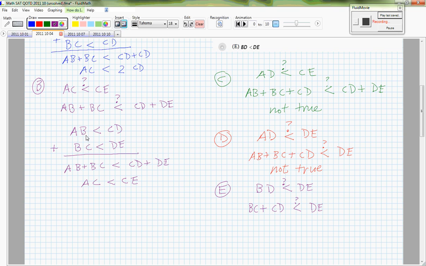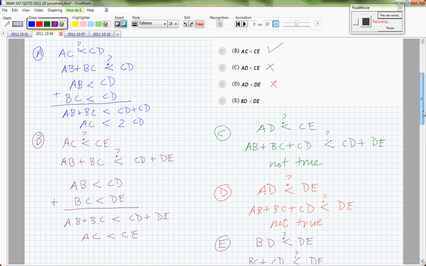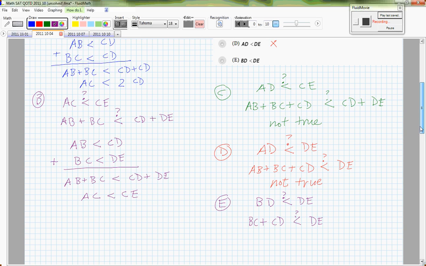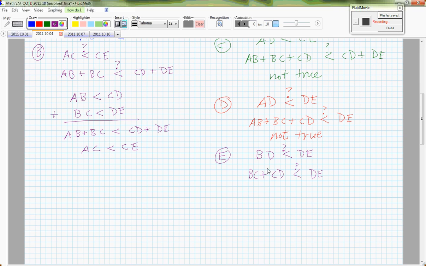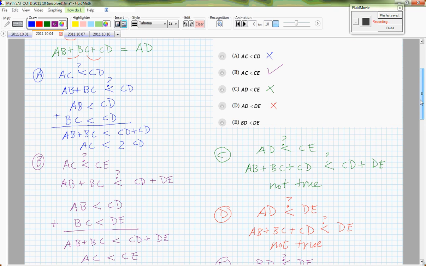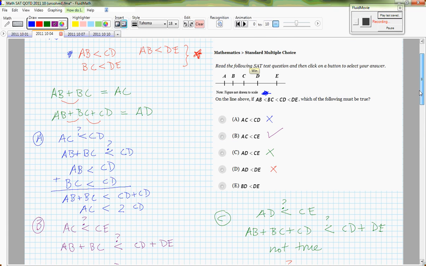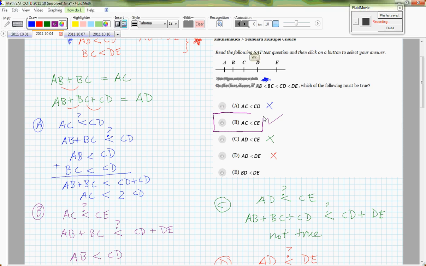We could add BC and CD, but we would really get something like that 2CD equation we got in part A, or 2DE. So we really can't say that if they're individually less than DE, the sum is less than DE. So that one's not true either. So we have very high confidence now to say that the answer is B, AC is less than CE.